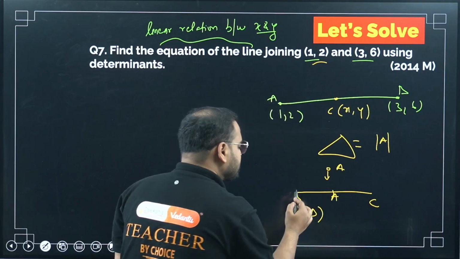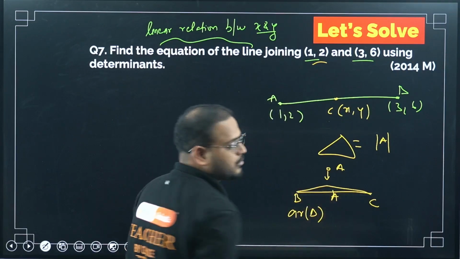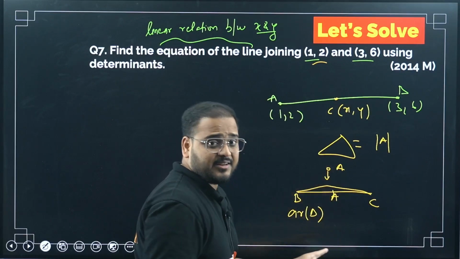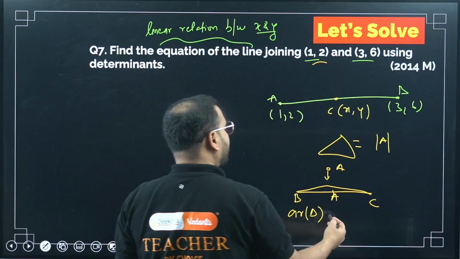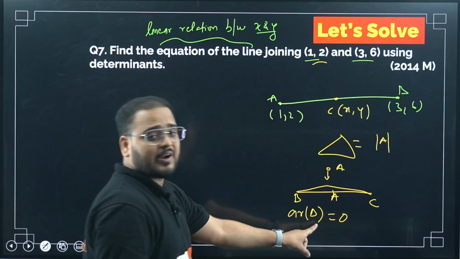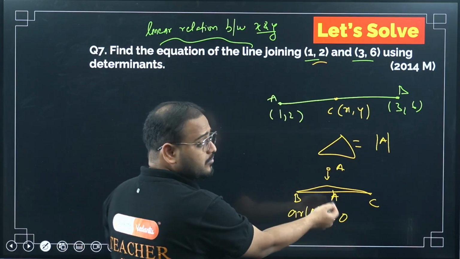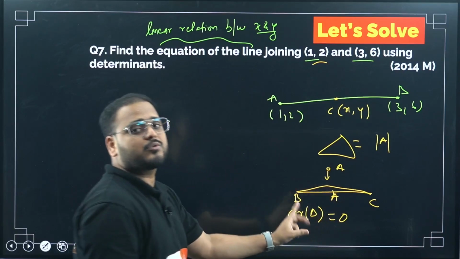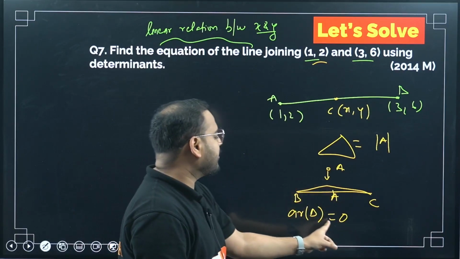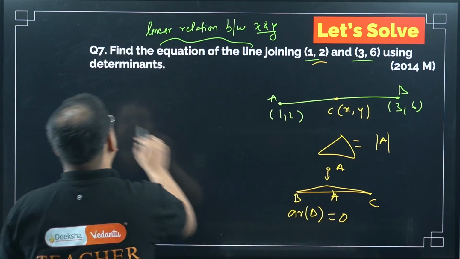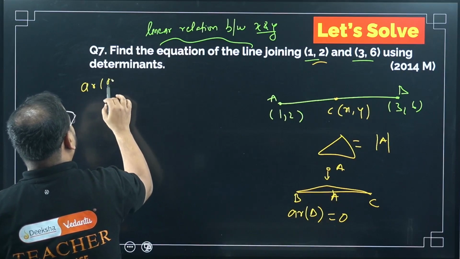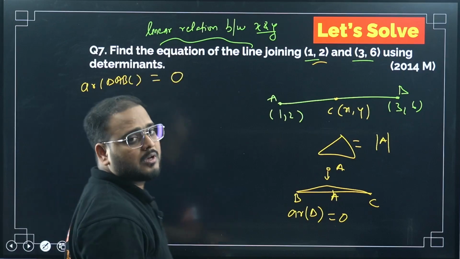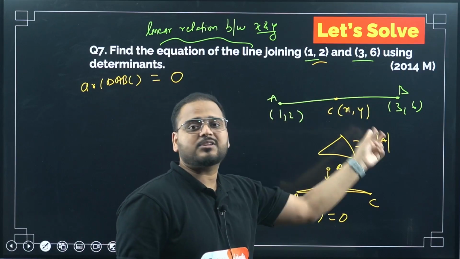If I'm finding it like this also, you'll have an area of the triangle, a non-zero value. But if I move this point A onto the line, what will happen? The area of the triangle will be 0. Right before the line you have a non-zero area, but once it moves to the line itself, the area becomes 0. So I can write: area of triangle ABC is equal to 0, since the points A, B, C lie on a straight line.